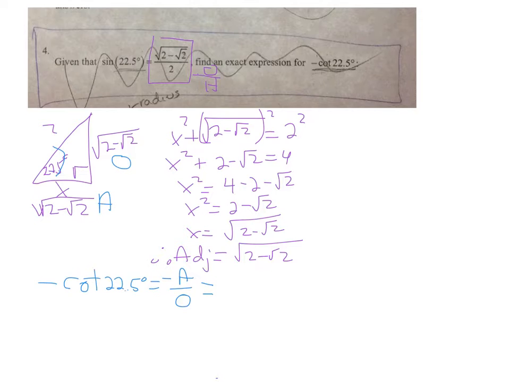So the negative adjacent is going to be negative root 2 minus root 2 over, like that, over the opposite, which is root 2 minus root 2. Oh, I want a plus there. What's going on here? Oh, that's what we did wrong before. Okay, sorry, when I minus that whole thing, oh, it's easier than that. Let's just forget about the brackets.